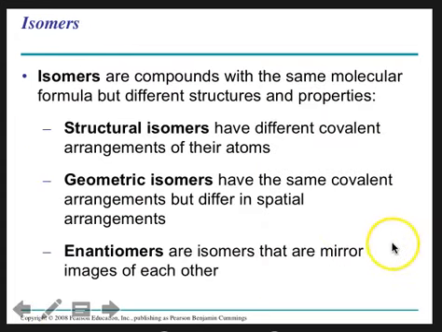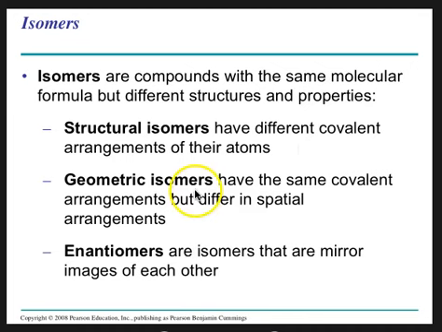There are three different types of isomers that we'll look at: structural isomers, geometric isomers, and then a third group called enantiomers. Structural isomers have different covalent arrangements of their atoms. We'll take a look at that in the next slide or two.